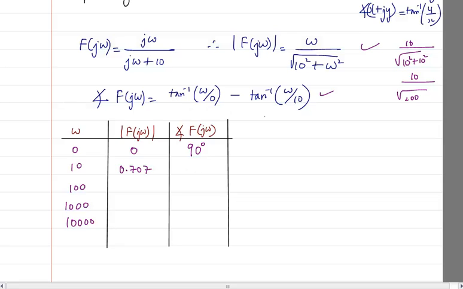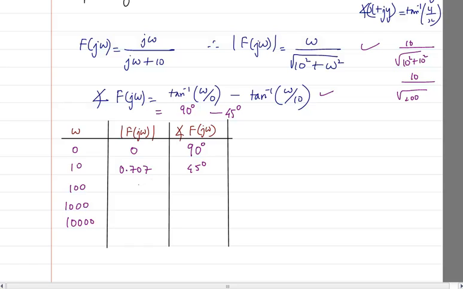And tan inverse of omega by 0 will always come as 90, no problem. Minus, so 90 minus, here I put omega equal to 10, so 10 by 10 gives me 1. Tan inverse of 1 is 45 degrees. So 90 minus 45 degrees is 45 degrees.